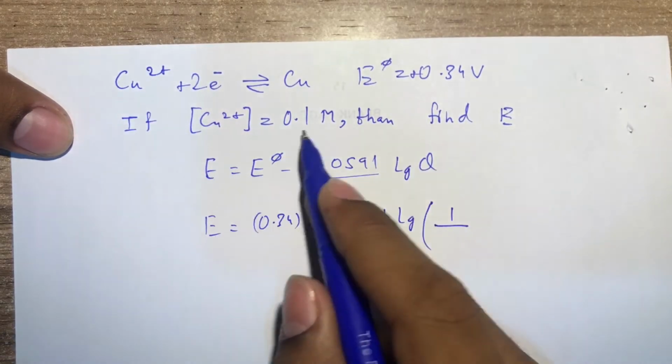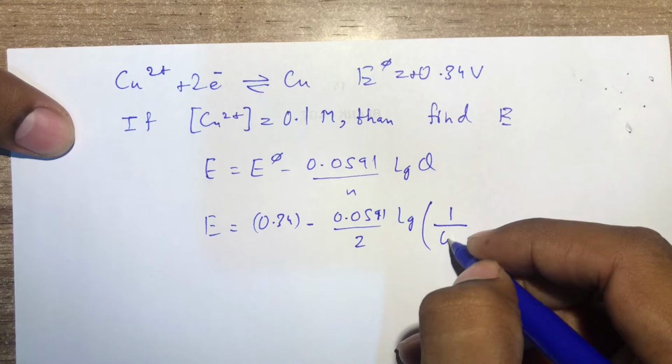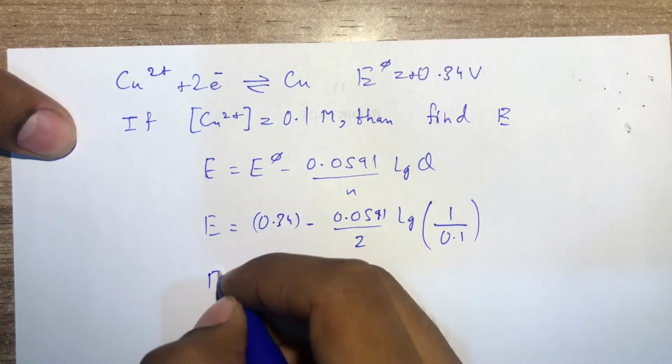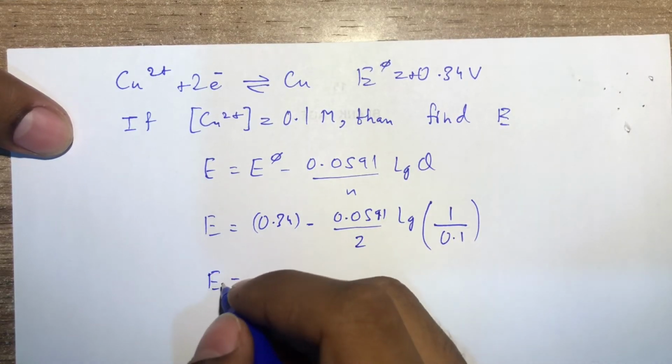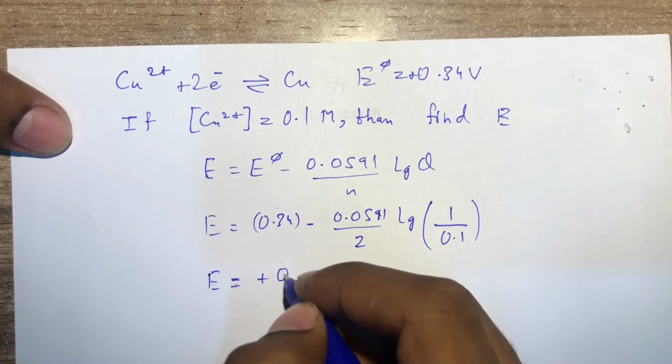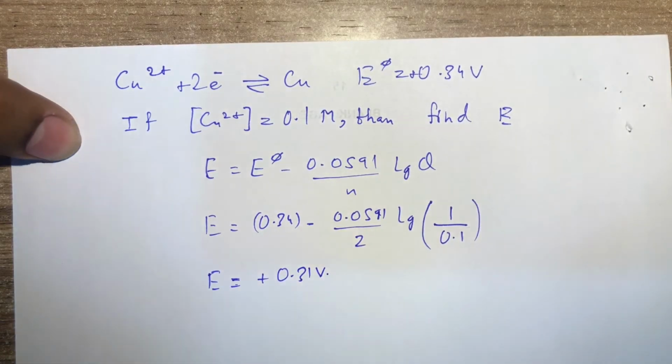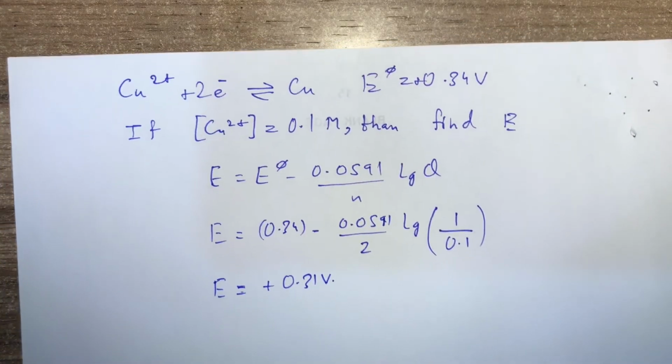Its concentration is given as 0.1 molar, so 0.1. So we get E as plus 0.31 volts.